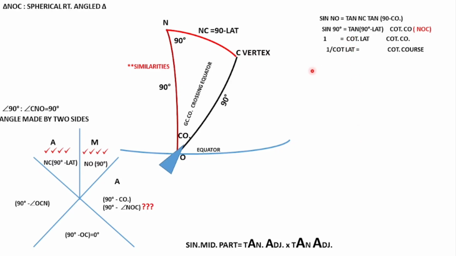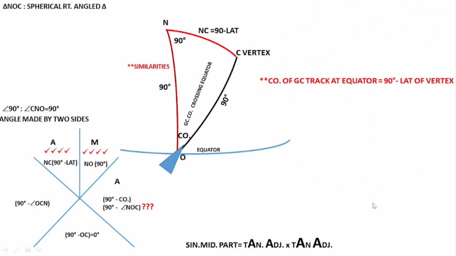So just transposing it here, 1 by cot theta is equal to tan course. 1 by cot is tan, and tan is 90 minus latitude. So I've got cot of 90 minus latitude is equal to cot course. I can remove cot, and course is 90 minus latitude. So the course of the great circle track at the equator is equal to 90 minus latitude.